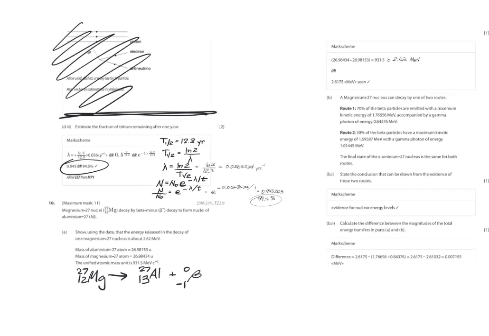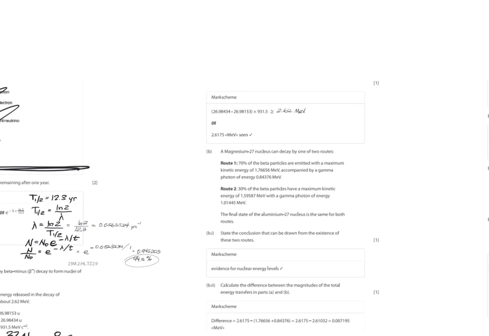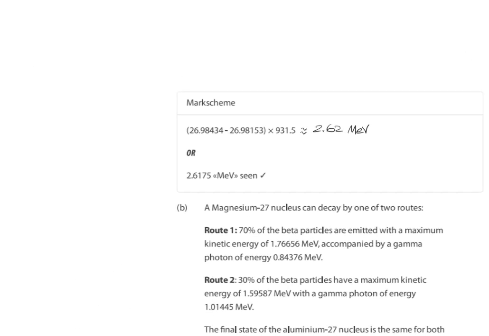They say, show that the energy that the magnesium gives off is about 2.62 megaelectron volts. This is not that tough. They give the numbers for the magnesium and for the aluminum. Take the difference between them, the reactant and the product, multiply by the universal mass unit to megaelectron volt conversion, and we get about 2.62 megaelectron volts.